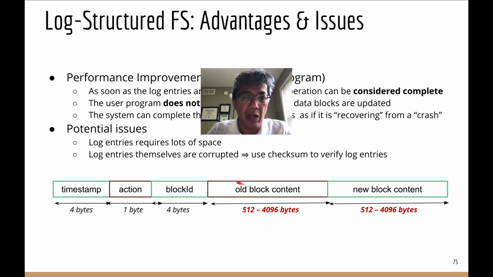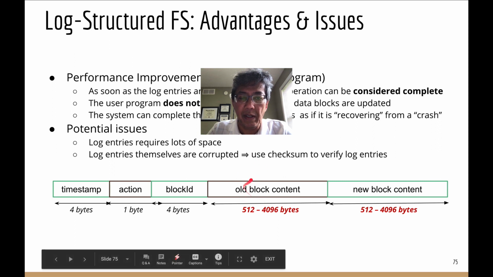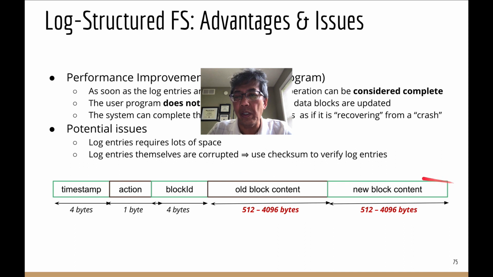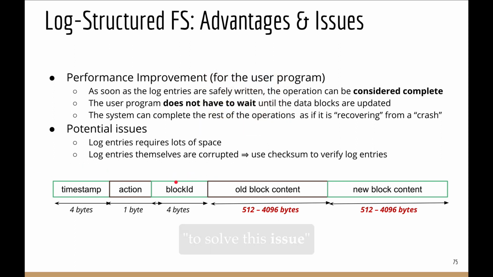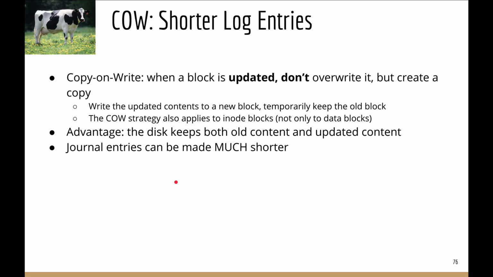Depending on how the disk is formatted, the block size can go between 512 bytes and 4K bytes. So in the worst case, the size of the log entry can be as high as 8K plus some more. To solve this, we can borrow a technique used by our animal friend.